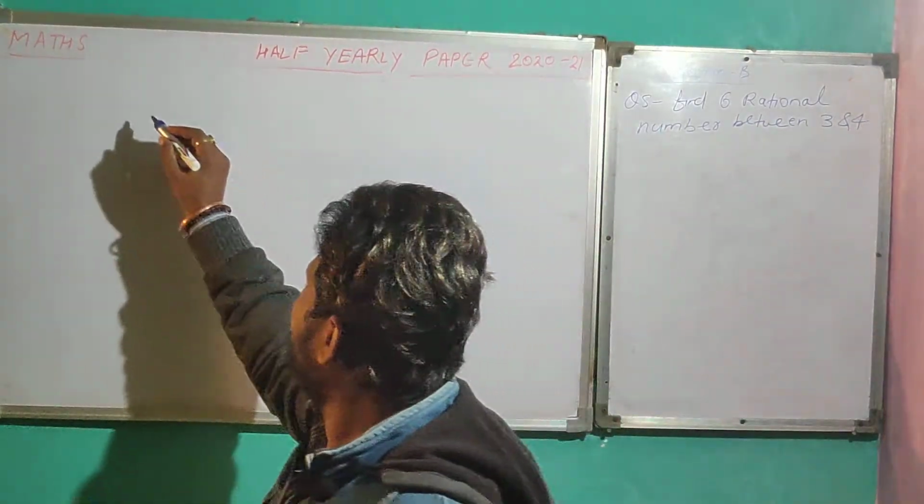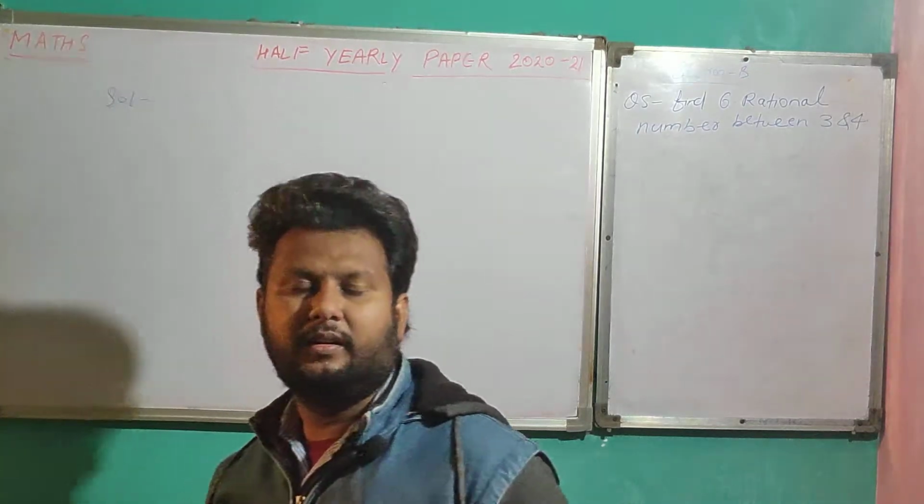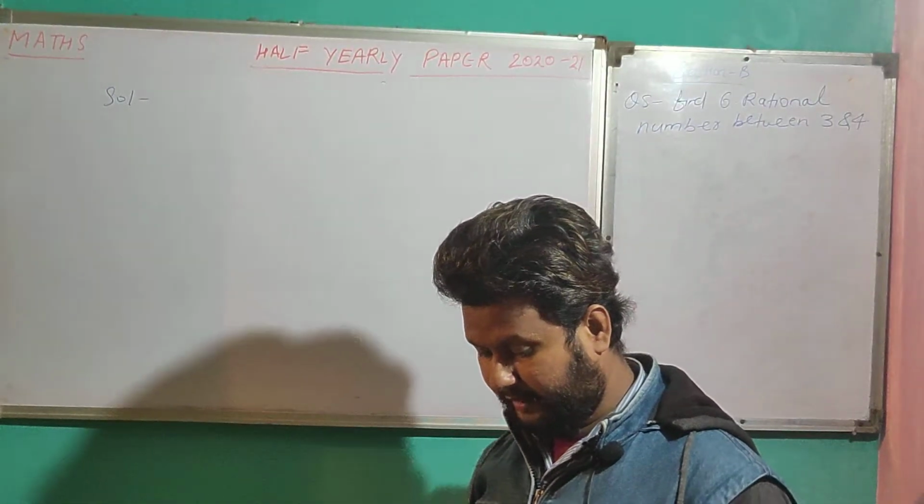Okay, so we have to find 6 rational numbers.